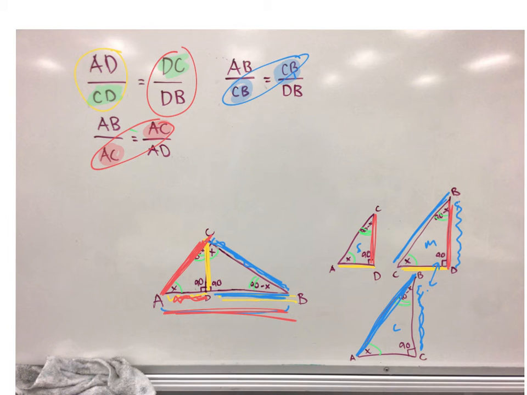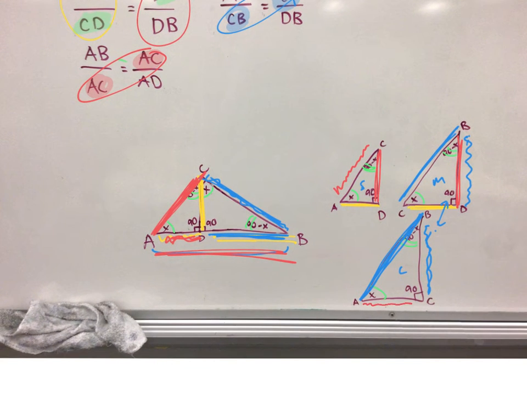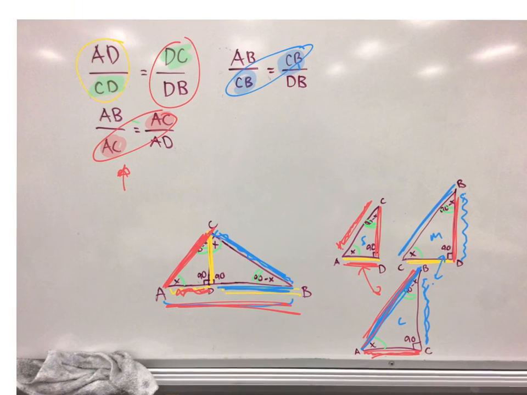And if we take a look at that, AC, I know I got a lot going on here. AC is the hypotenuse here and the short leg here. So I'm going to be comparing hypotenuses, AB and AC, and then short legs AC and AD, and that's where this proportion is coming from. So now I'm comparing the small and the large triangles.